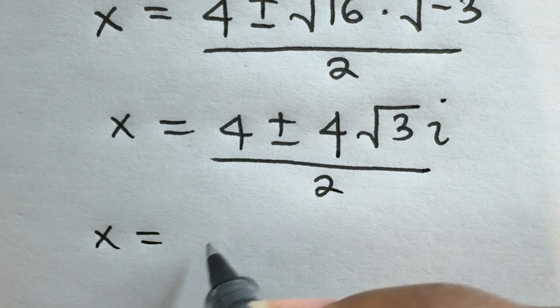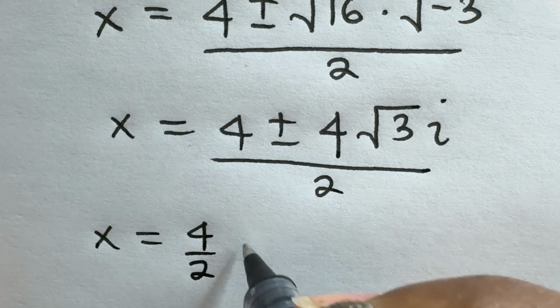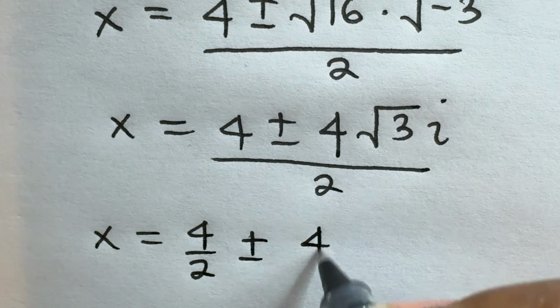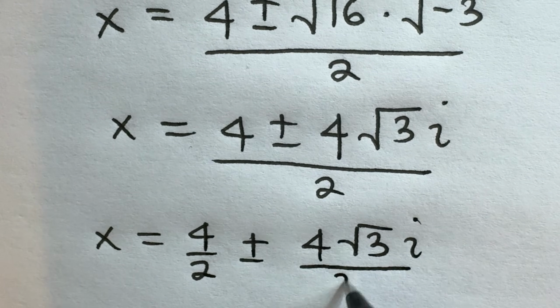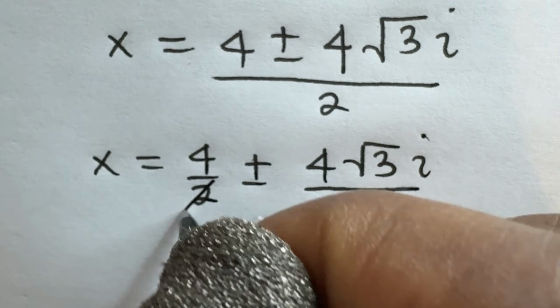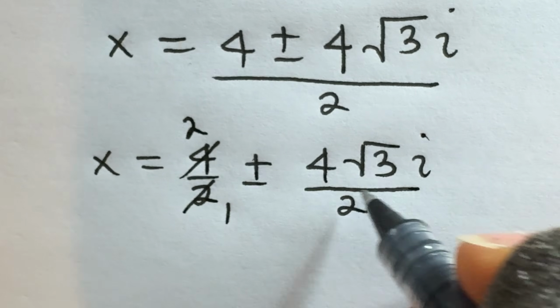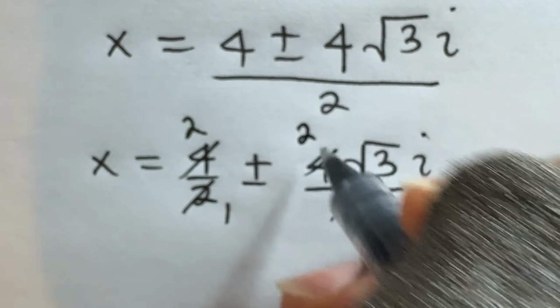So x is equal to 4 over 2 plus or minus 4 root 3i over 2. 2 here is 1, 2 here is 2, 2 here is 1, 2 here is 2.